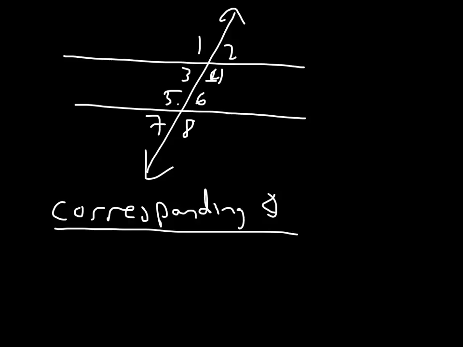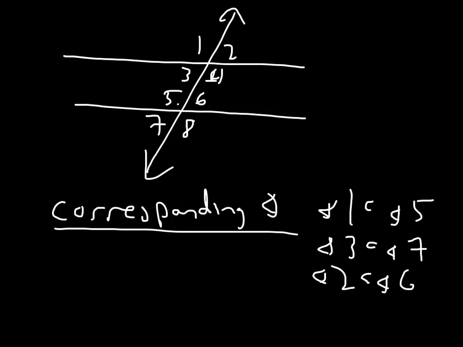We have four pairs of them. Angle 1 and angle 5. Think they're both above the line and to the left of the transversal. And then the ones below each line and to the left of the transversal would be 3 and 7. And the other two on the right-hand side of the transversal would be 2 and 6 and 4 and 8. So those are corresponding angles.